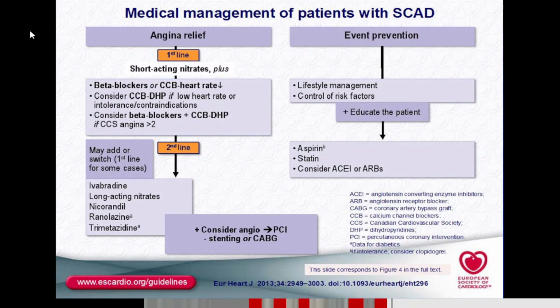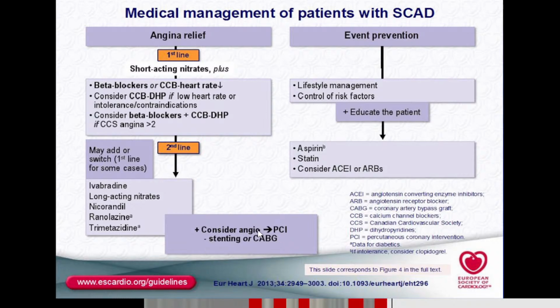And the second line therapy, it may add or switch one line for some cases. We can see such drugs like ivabradine, long-acting nitrates, nicorandil, ranolazine, trimetazidine. And consider coronary angiography with percutaneous coronary intervention, PCI.